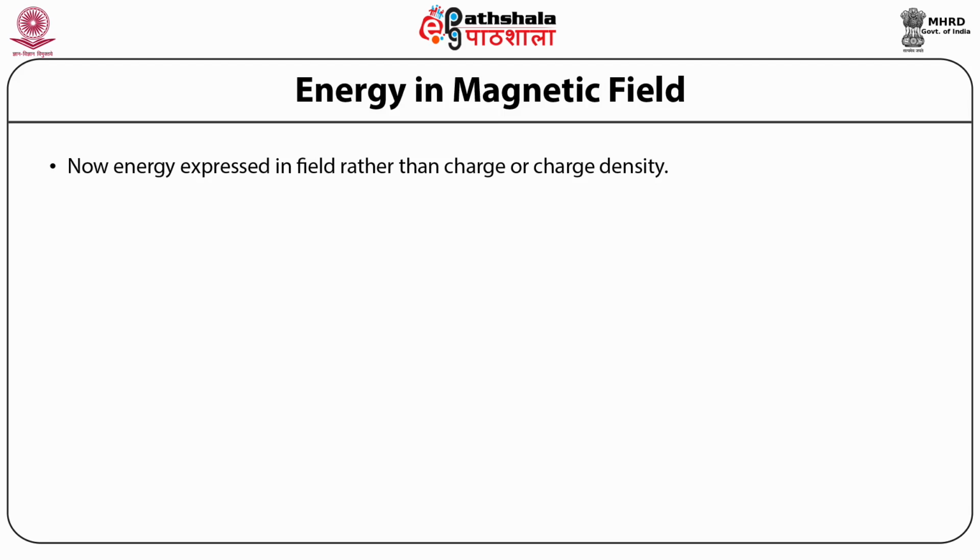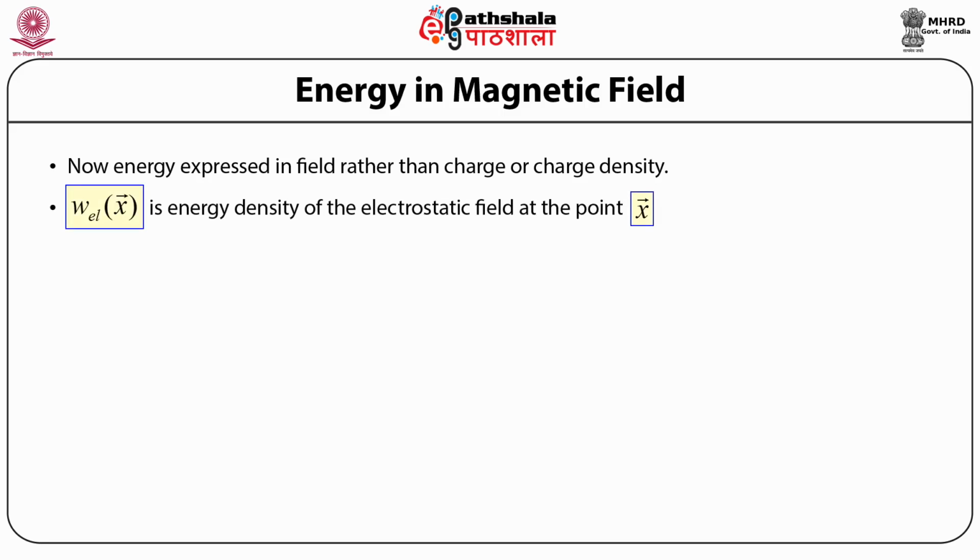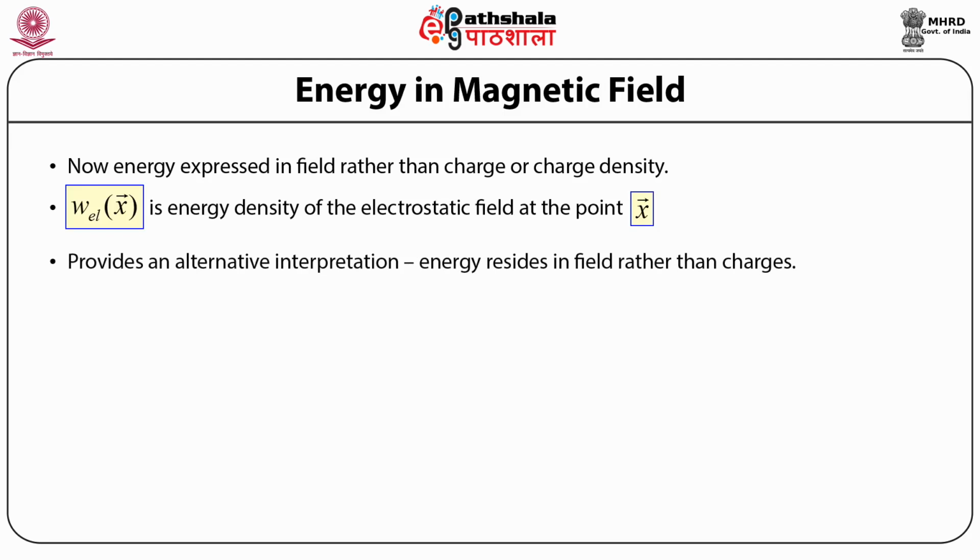And here, instead of using the charge or the charge density, the term that we use is the energy density, which is given by W subscript electric as a function of position vector x at the point denoted by the position vector x. So this definition of the energy of the electrostatic field provides an alternative interpretation, that is, the energy resides in the field rather than the charges.